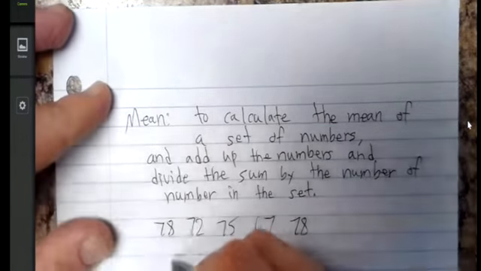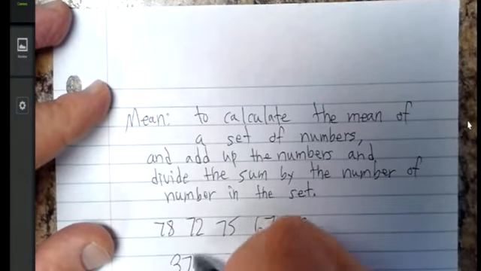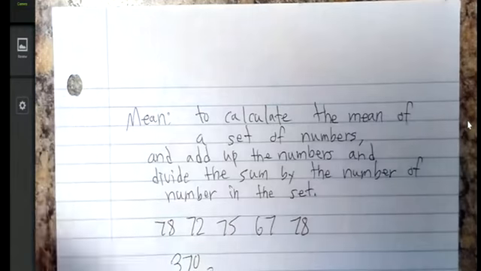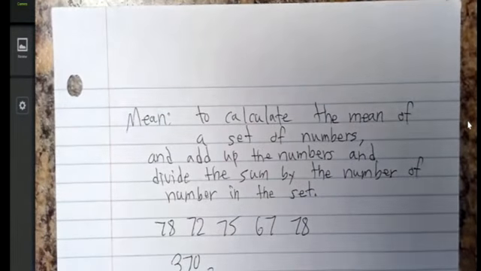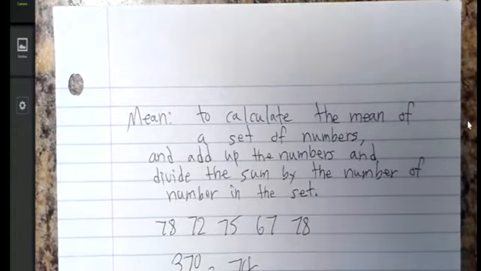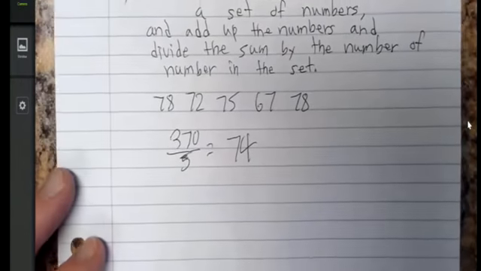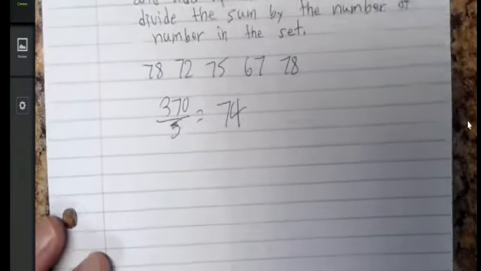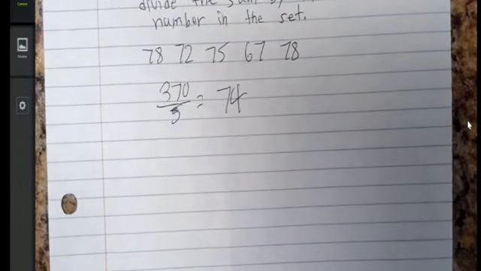They add up to 370. There are 5 numbers. 370 divided by 5. My mean is 74. So the mean is the average. Mean is the average. 370 divided by 5 is 74.